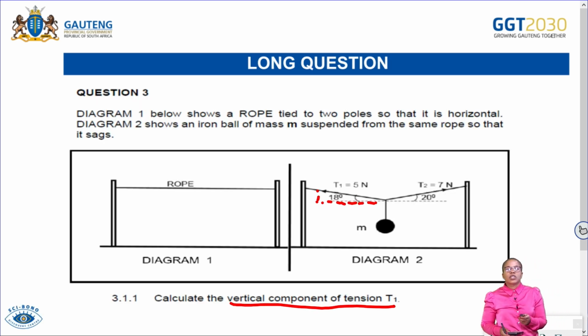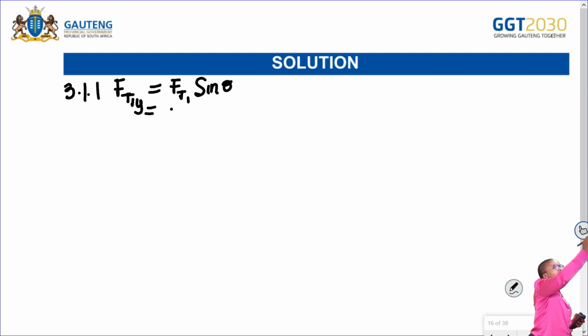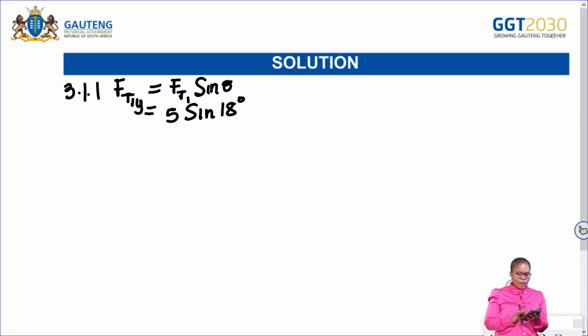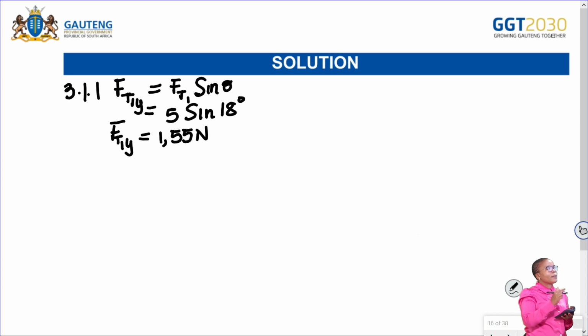The magnitude of tension 1 is 5 newtons, and it's acting at an angle of 18 degrees. So this is going to be 5 sine of 18 degrees, as it is given. 5 sine of 18 degrees gives us 1,55 newtons. This is our FT1Y.